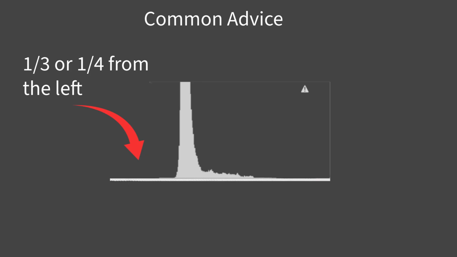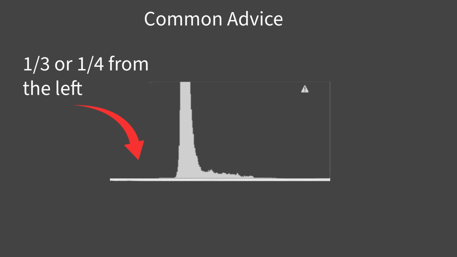Now, there is a very common misconception about how to use the histogram when you're taking astrophotography images. You might have heard, like in fact I did when I started out in astrophotography, that your histogram should be about a third or a quarter in from the left.